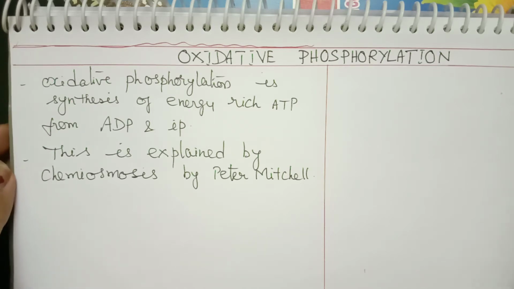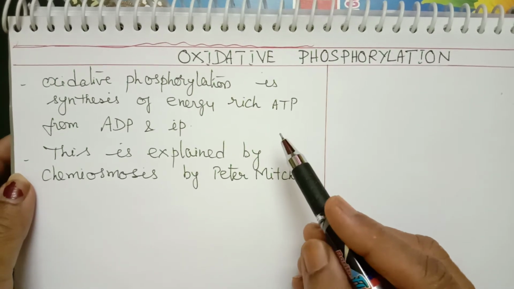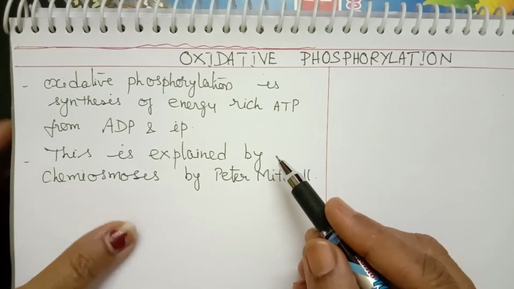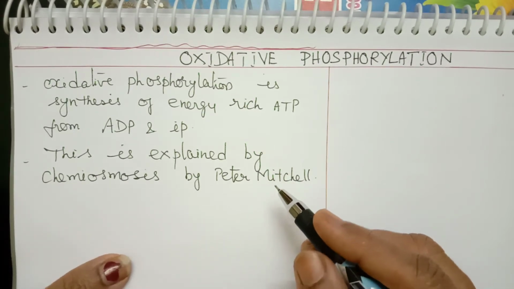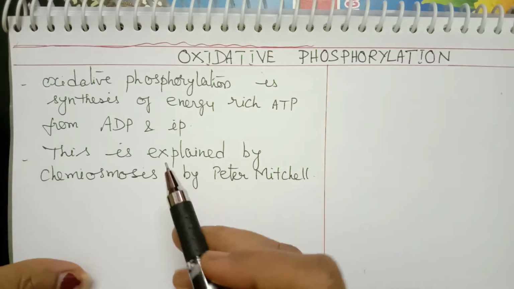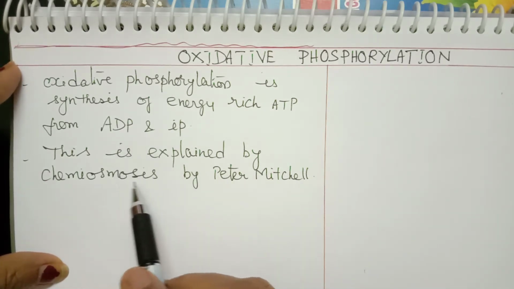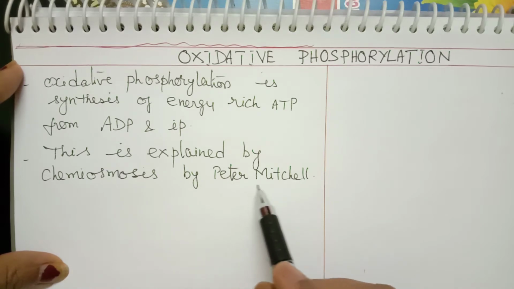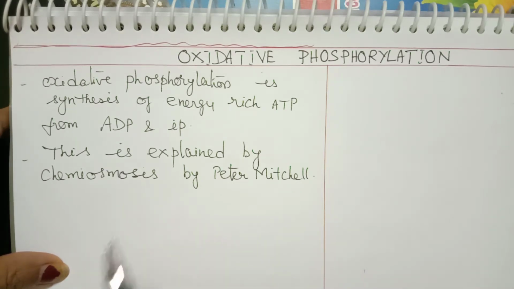In this video we will continue with oxidative phosphorylation, the synthesis of ATP, and the balance sheet of aerobic respiration. So let us see what oxidative phosphorylation is. We already discussed photophosphorylation and explained it by the chemiosmotic mechanism given by Peter Mitchell.